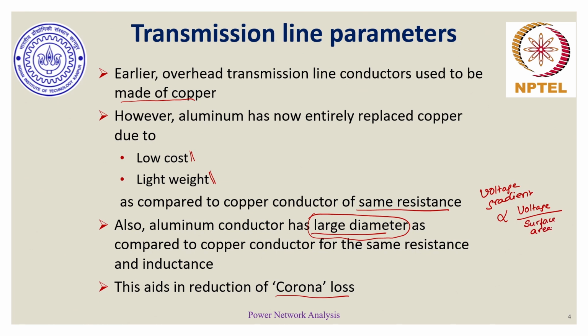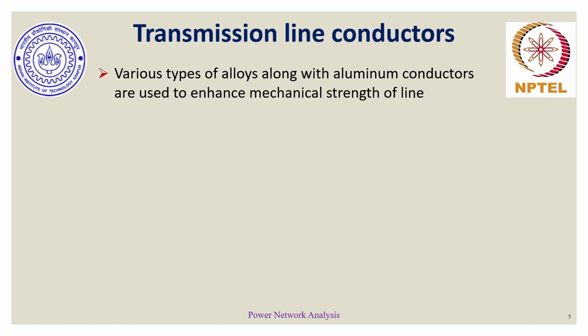If there is a conductor of common resistance with larger surface area, it would inherently mean that the voltage gradient on the surface of the conductor would be smaller, meaning the potential difference which nearby placed bodies would see per area surface of the conductor would be lower, and hence the possibility of additional discharges happening in a nearby medium, specifically air ionizing itself, would be lower. That's the reason why aluminum conductors have replaced copper conductors entirely.